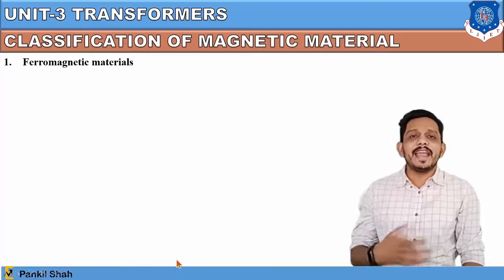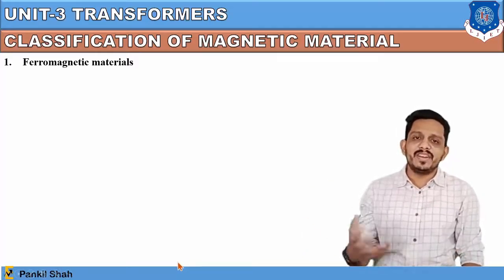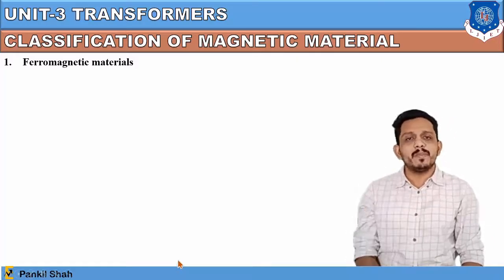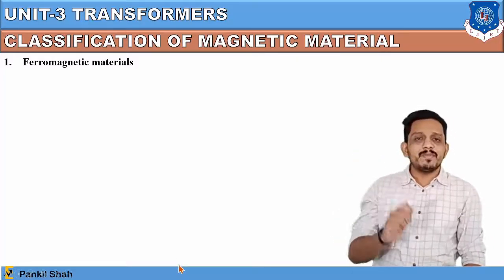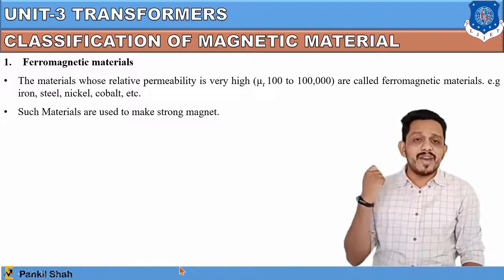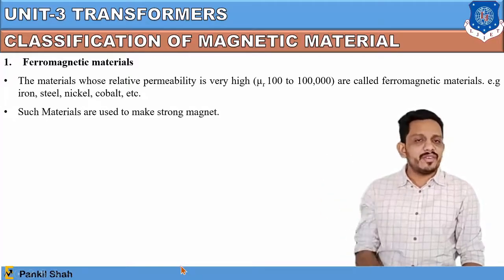Next are the types of magnetic materials. There are many types of magnetic materials available, but here we are discussing the major two types. The first type is the ferromagnetic material. This is a very important magnetic material in any type of electric machine.